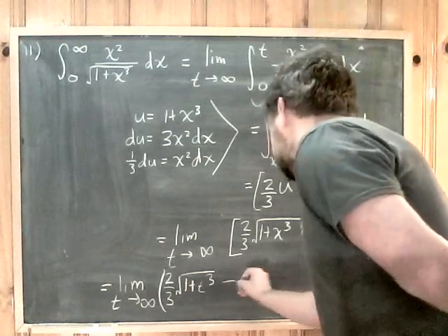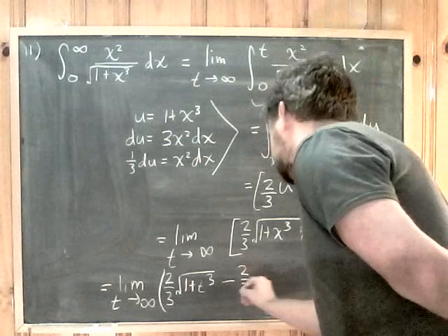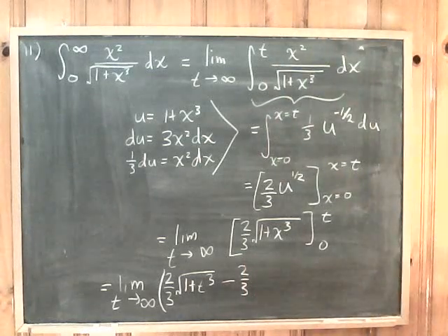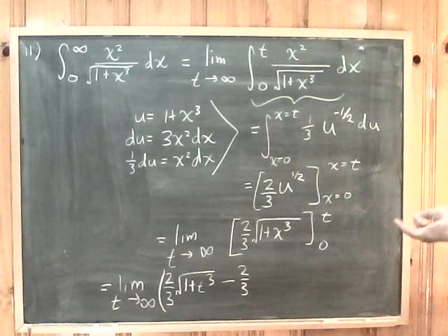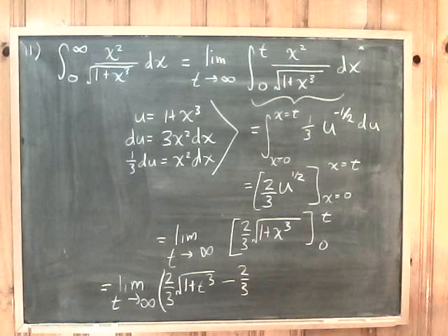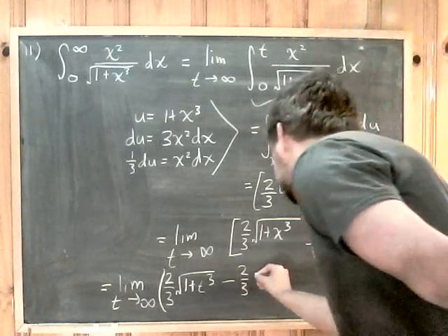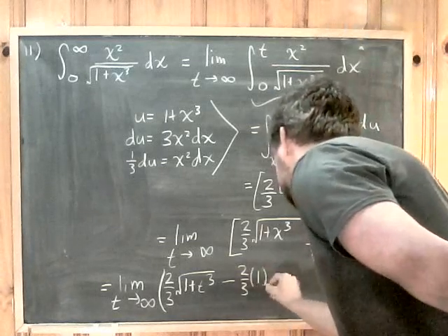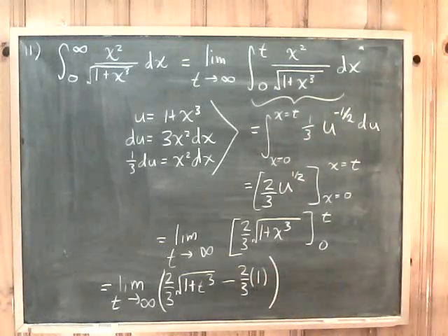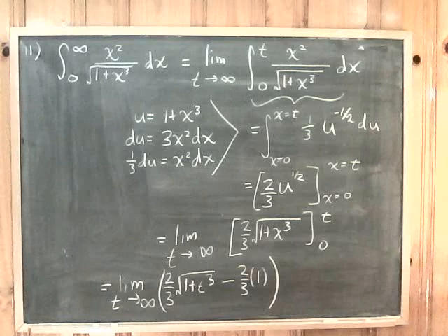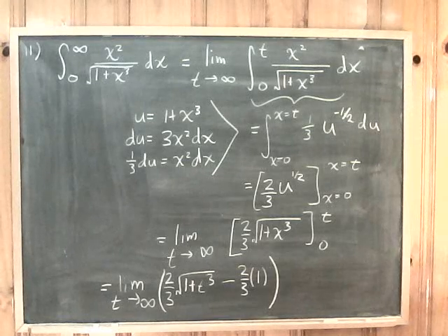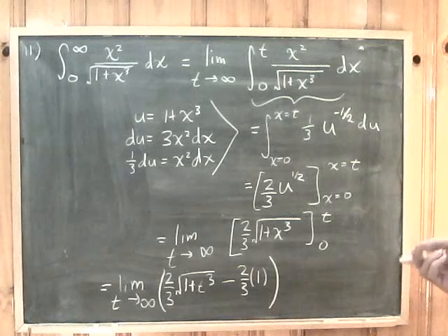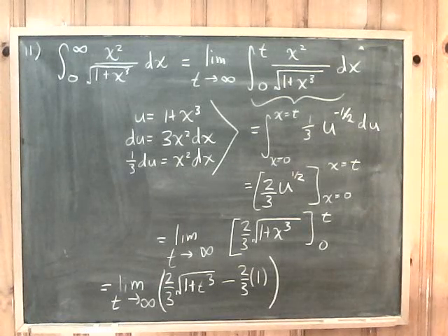So I'll have minus 2/3, and plugging in 0 there gives me the square root of 1, so just times 1. I'll show it so you can see that I did something. Plugged in the 0, got square root of 1 equals 1. And so now I have 2/3 square root of 1 plus t cubed minus 2/3.